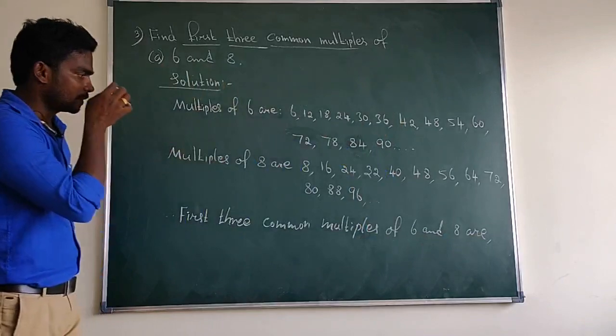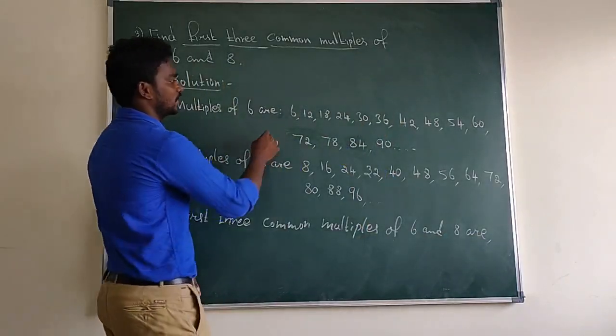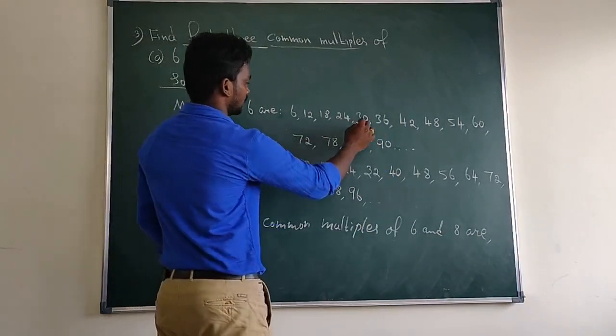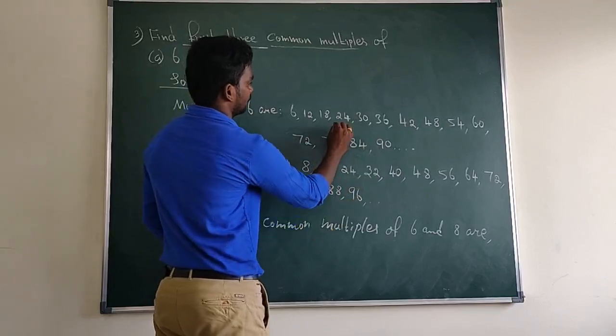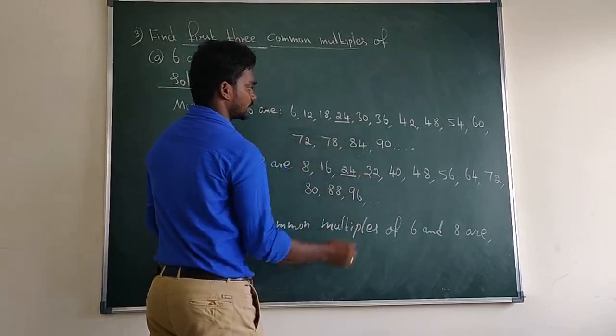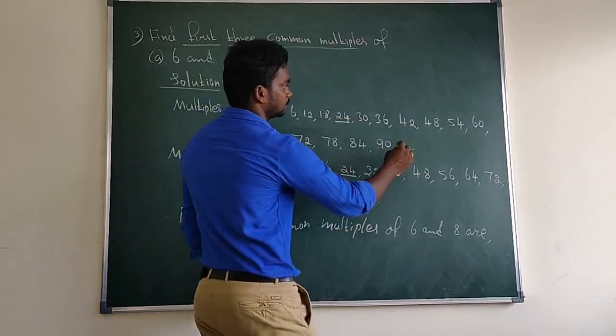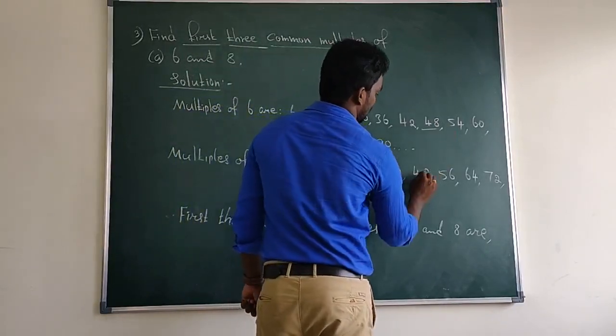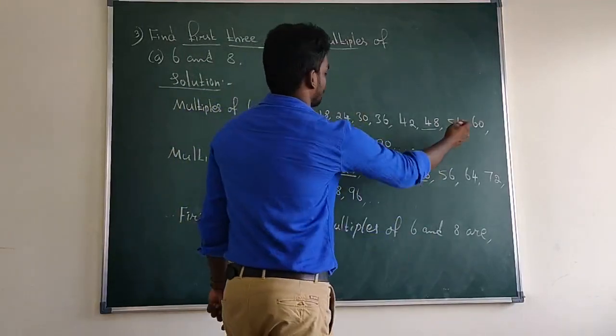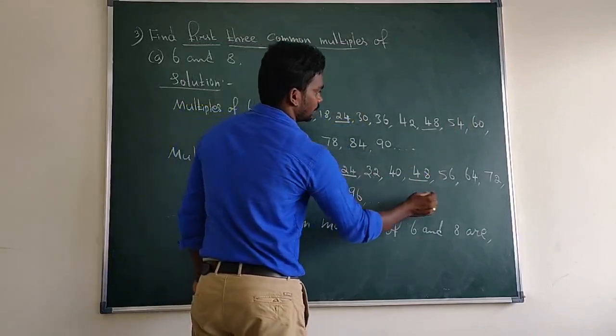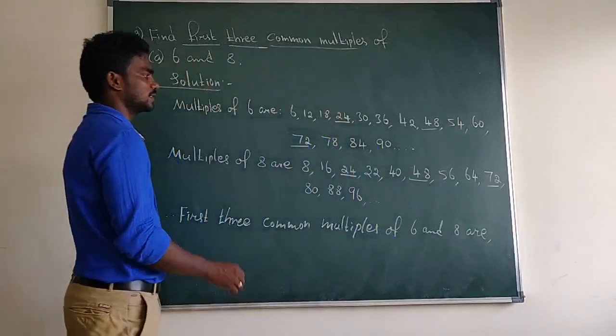Which are the common multiples here? 24 is a common multiple of 6 and 8. Next, 48 is a common multiple of 6 and 8. What is the next number? 72. 72 is a common multiple of 6 and 8.